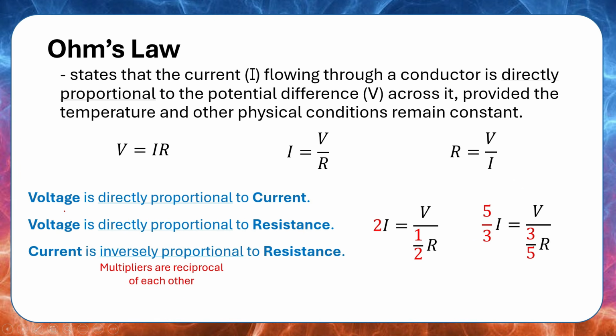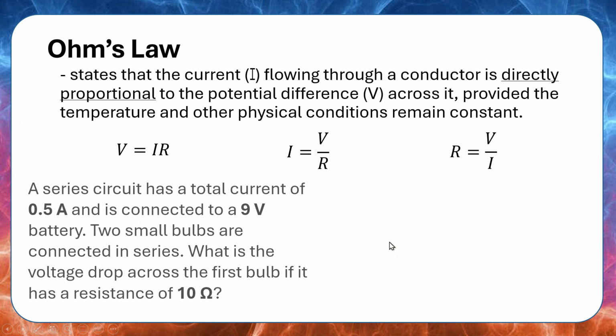But for voltage and current, or voltage and resistance, whatever you multiply to voltage, the same thing you multiply to resistance, or to current. Okay, so that's it. Now let's test Ohm's law with this problem.